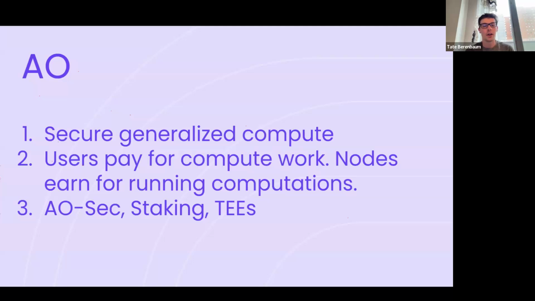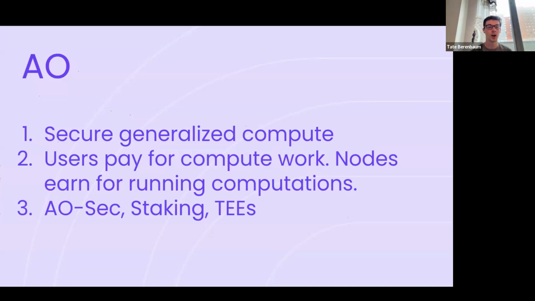To talk more about AO, the goal is to offer secure, generalized compute to as many people as possible. The reward mechanism for that is that users pay for compute work, and the nodes earn for being able to prove that they're running computations. How are they proving that?